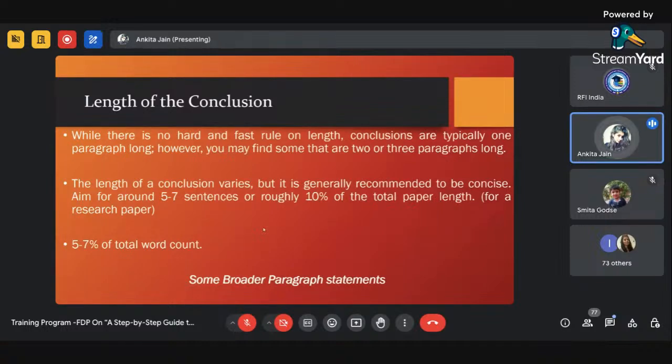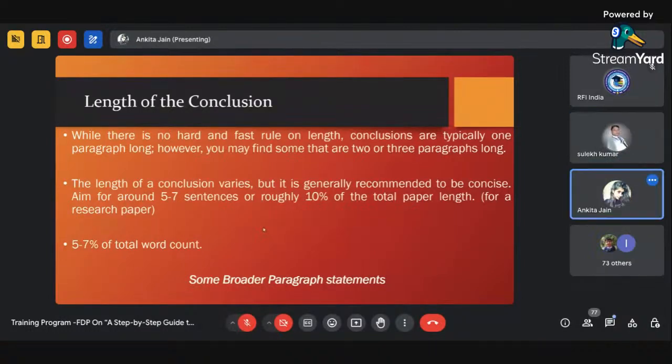Don't go over the limit, and don't use so little in a small paragraph that there is no clear understanding of the work. While there is no hard and fast rule of length, conclusions are typically one paragraph long. That is more than enough.